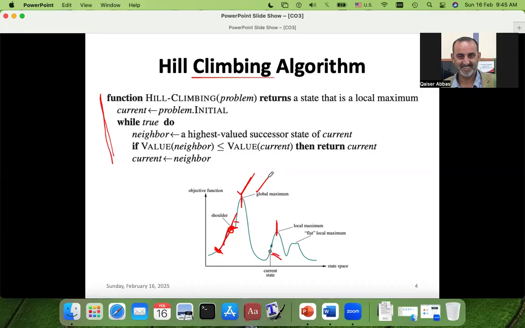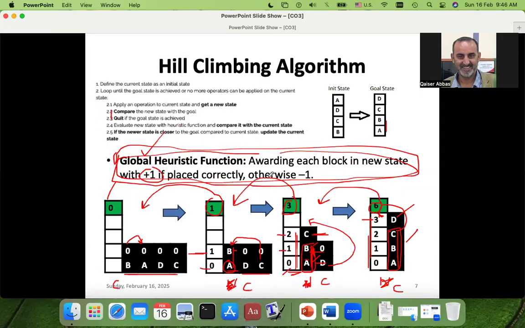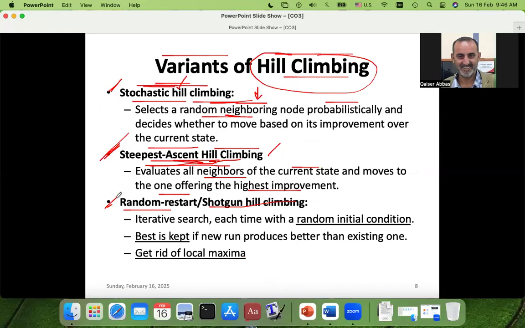If better, you will keep this as the current node and discard all the previous ones. In this way you will move on until you reach the global maximum. So this is how random restart hill climbing or shotgun hill climbing executes.